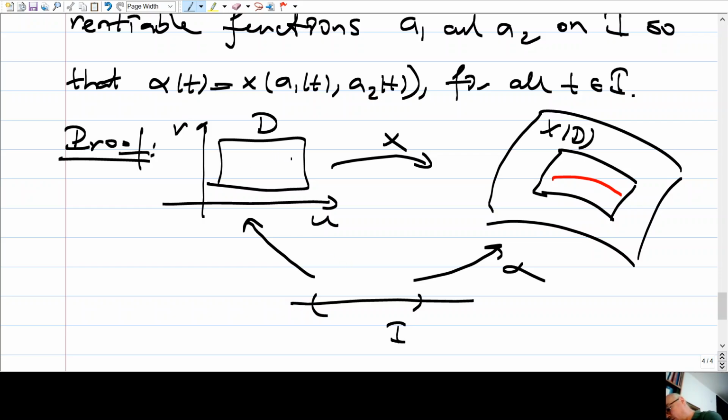Actually, there's a curve in D because we know that X is a homeomorphism, so there is this inverse image of this curve if you go by X inverse, so we get some curve here.